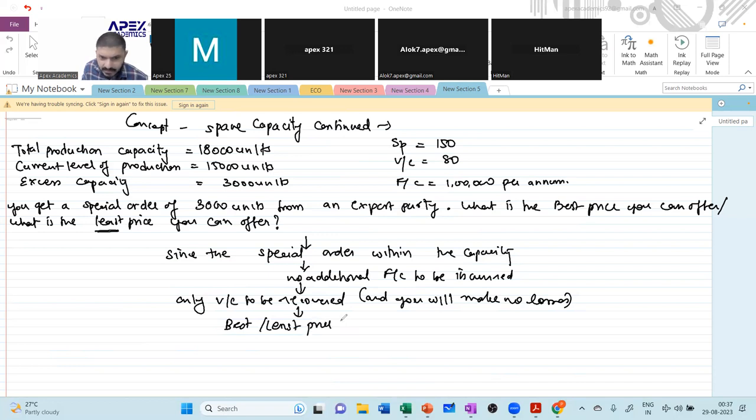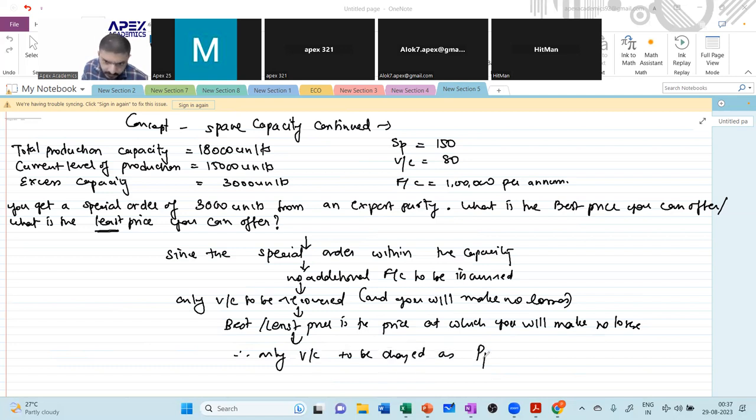The best or least price is the price at which you will make no losses. Therefore, only variable cost is to be charged as the selling price, which is equal to rupees 80 per unit. Am I clear about this? Screenshot.